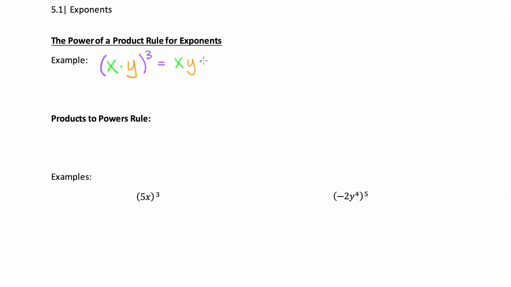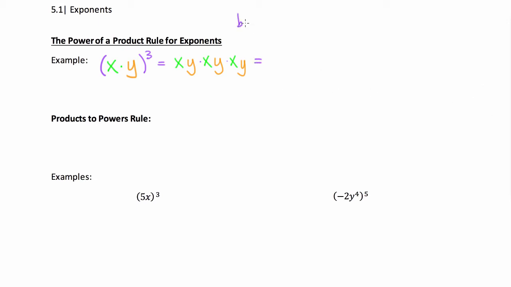times xy times xy. And now, because multiplication is commutative, I can multiply in any order I want.